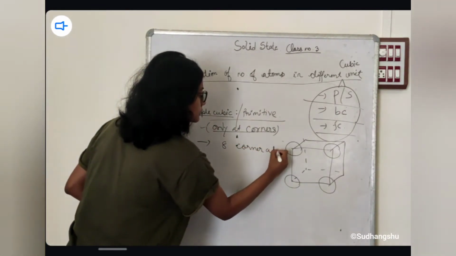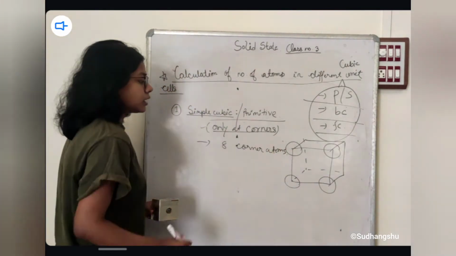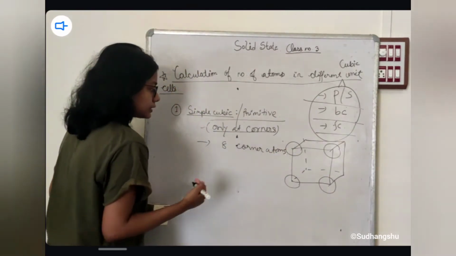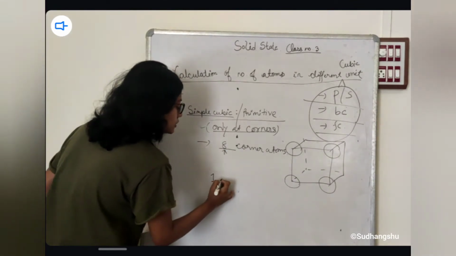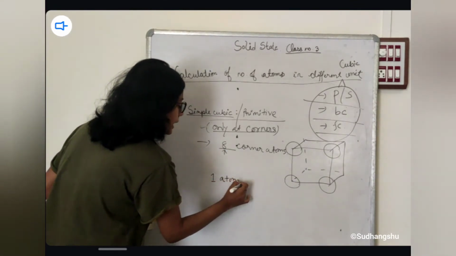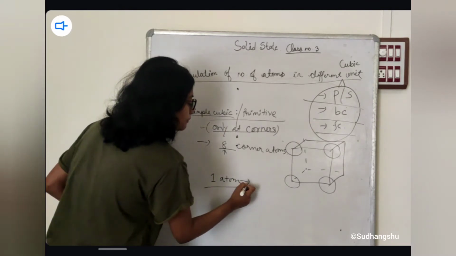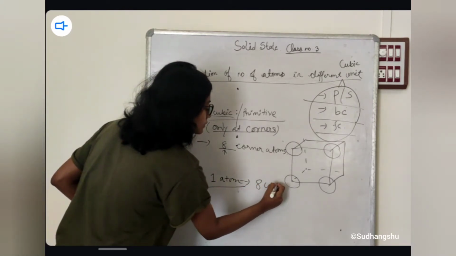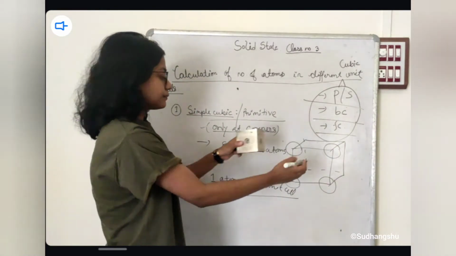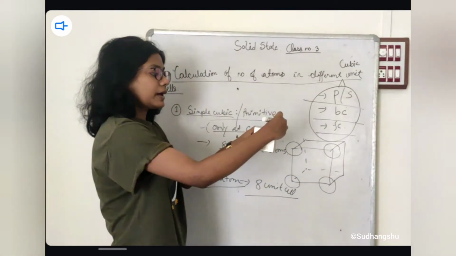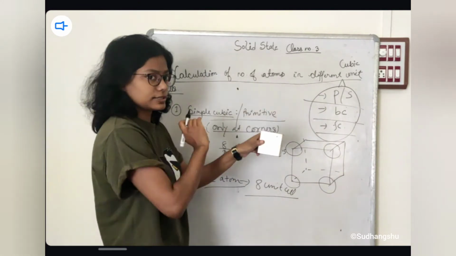atoms in one cubic unit cell. So these 8 atoms, each atom is shared by 8 unit cells, right? Here this atom is shared by nearby 8 unit cells.